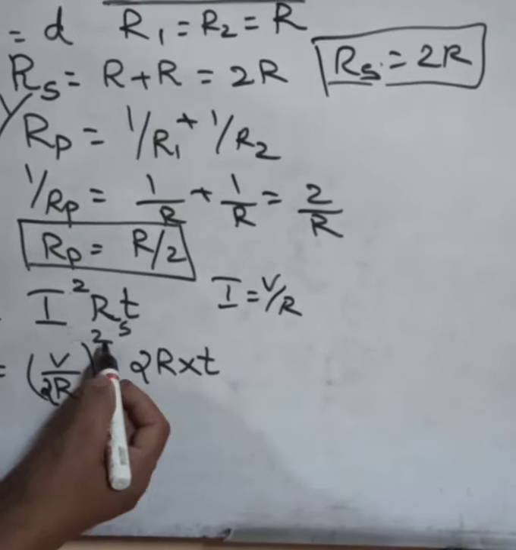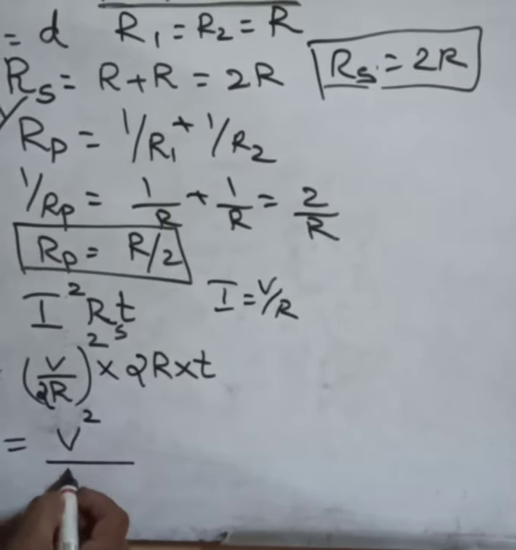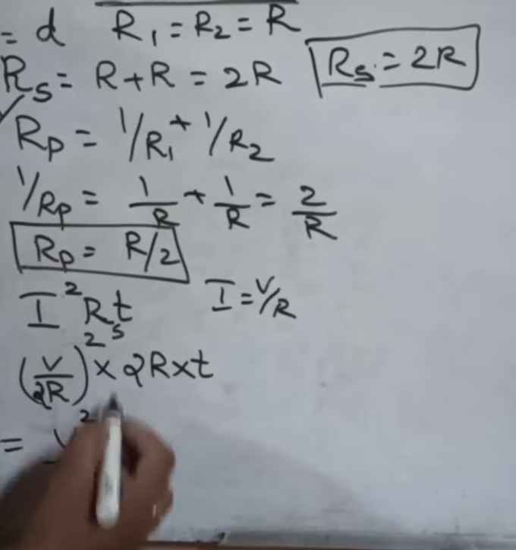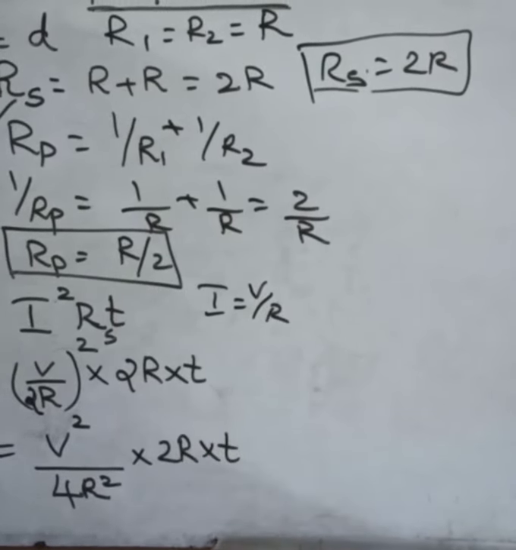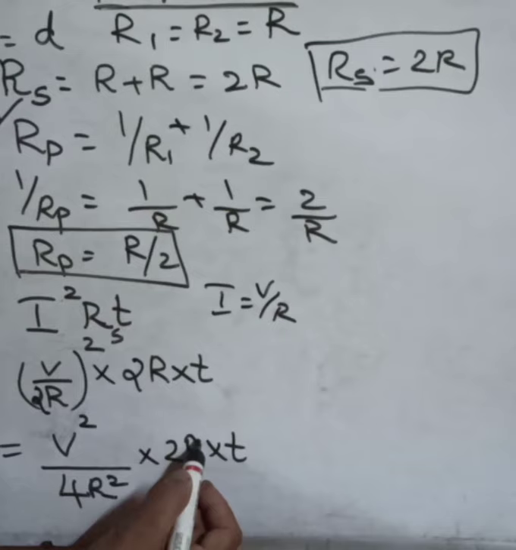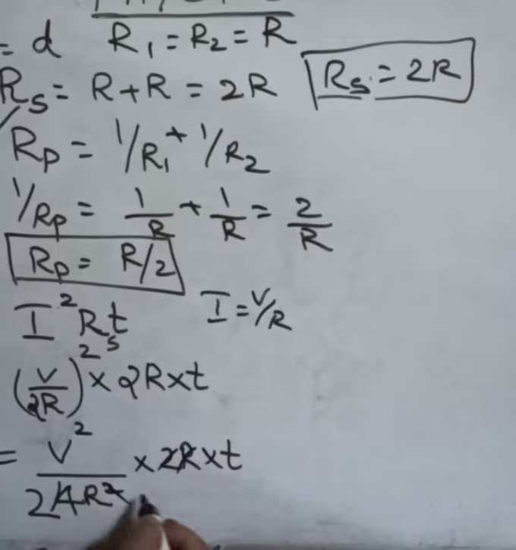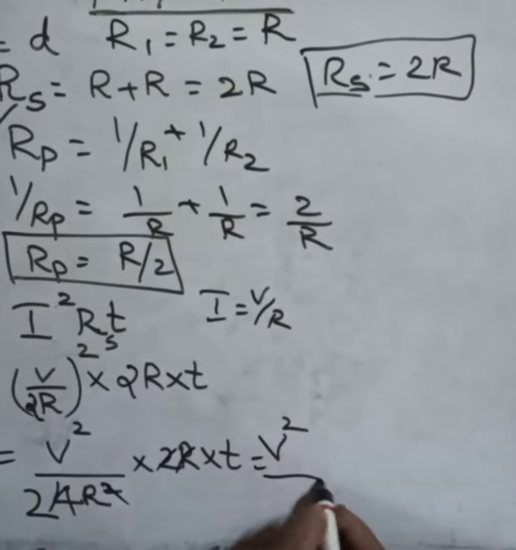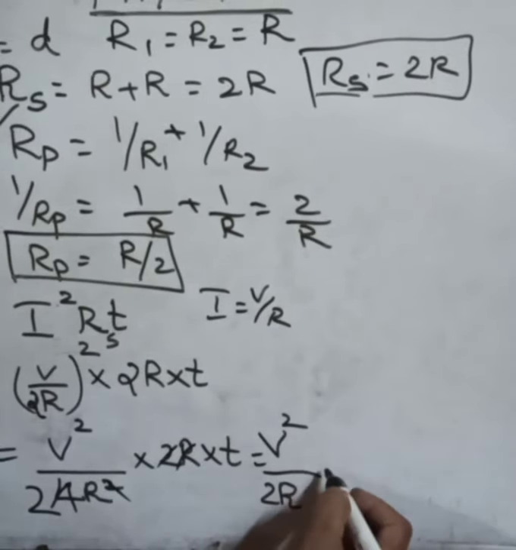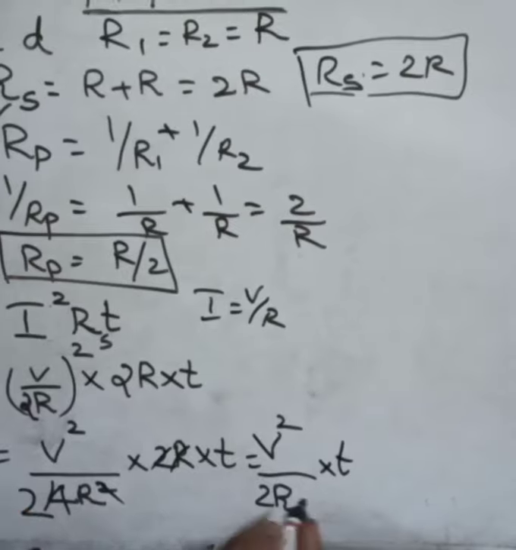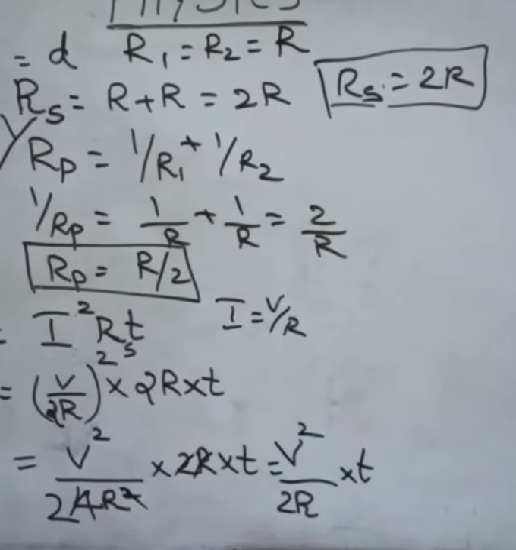V by 2R the whole square into 2R into T, that is equal to V square by 4R square into 2R into T. Okay, so here R will go off to 2R, V square by 2R into T. V square by 2R into T for the heat produced by the resistor in series.